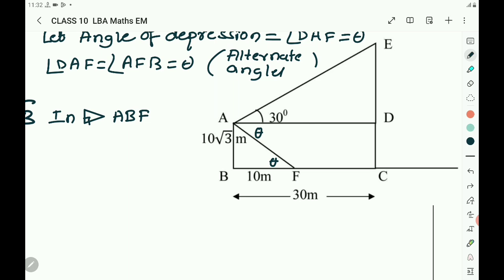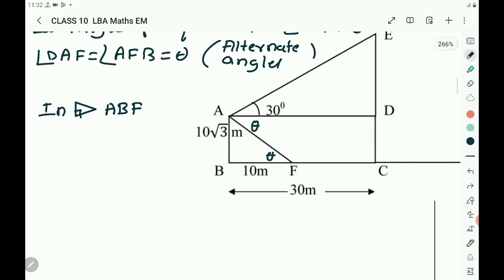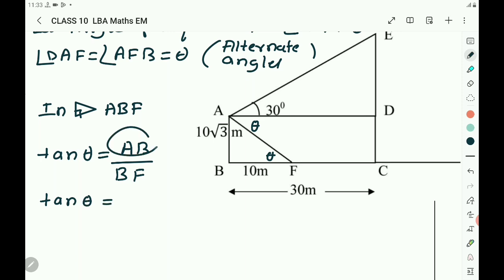Which ratio is opposite side by adjacent side? That is tan. Then you write tan theta is equal to opposite side AB by adjacent side BF. Tan theta is equal to AB is 10 root 3, BF is 10. Then you write 10 root 3 by 10.